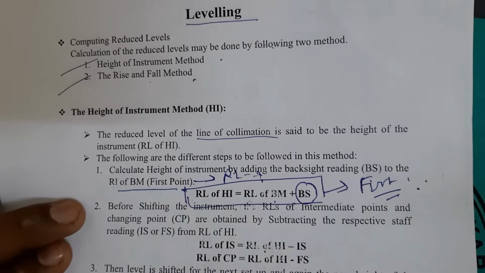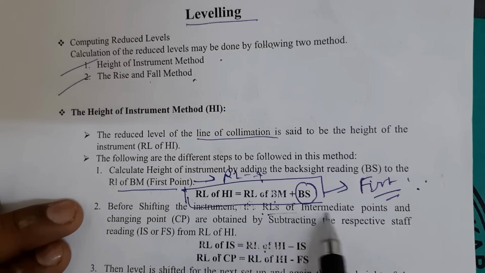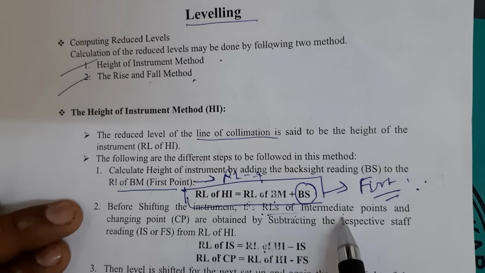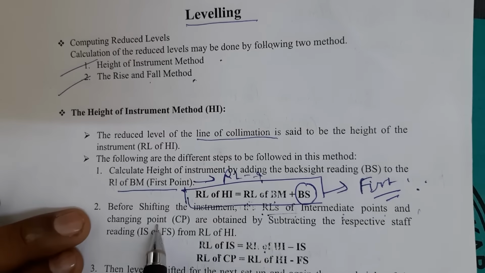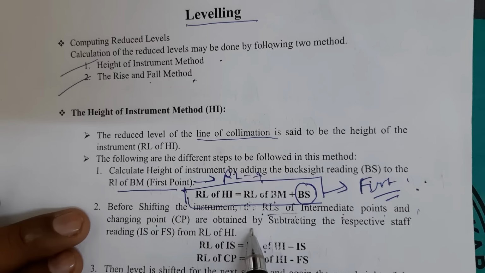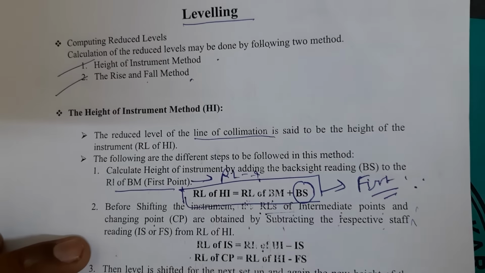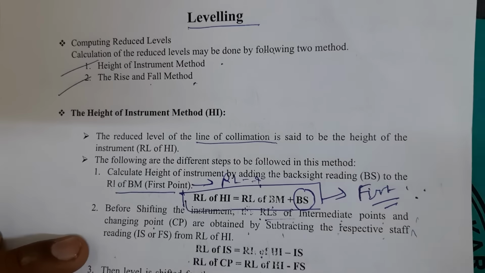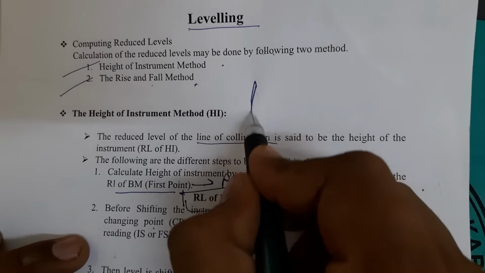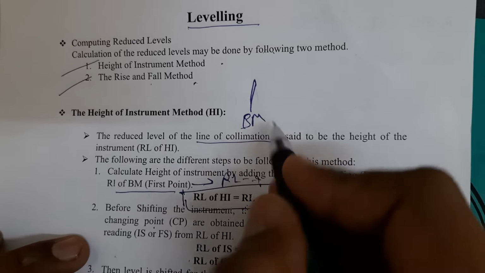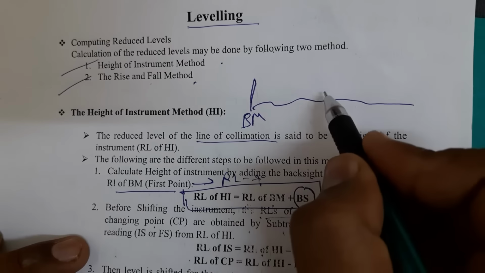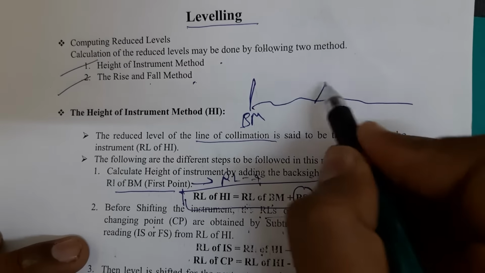Now before the shifting of the instrument, the RL of intermediate points and change point are obtained by subtracting the respective staff readings. After finding the RL of HI, there is another point. Assume this is your benchmark and this is your station.